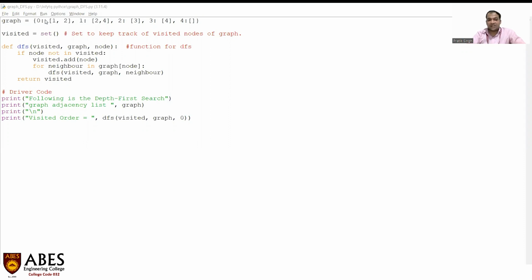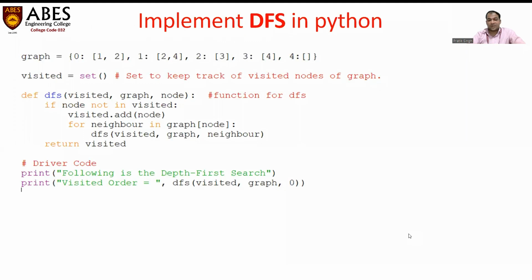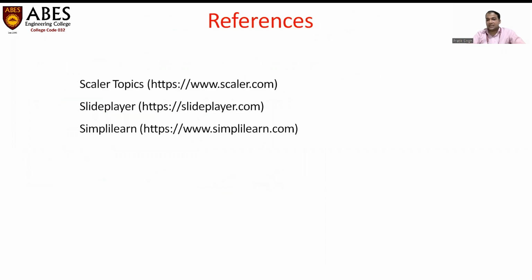This is the graph or adjacency list, and this is the visited order for the DFS. So we successfully implemented DFS in Python and BFS in Python. These are the references.